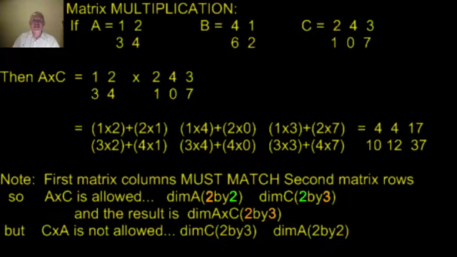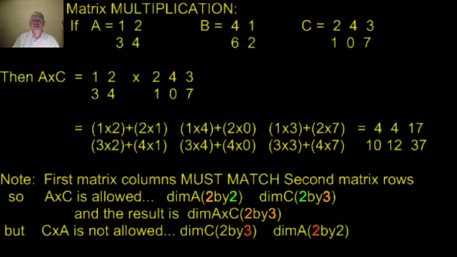So now also consider that if we would try and multiply C times A and do the reverse, it's not allowed, because you'll notice that C is a 2 by 3 matrix and A is a 2 by 2 matrix.